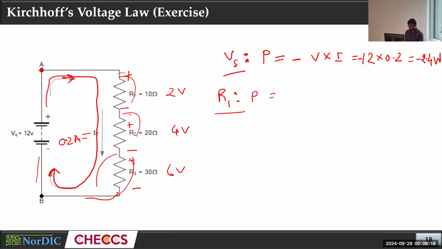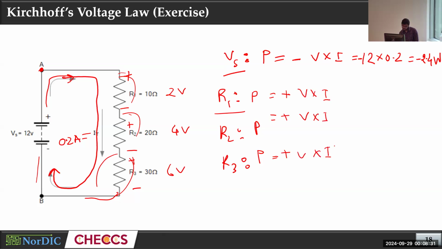So for R1, R2, and R3, all should be positive V times I. Is it correct? For R1, V is 2 and I is the same, so it should be 0.4 watt.